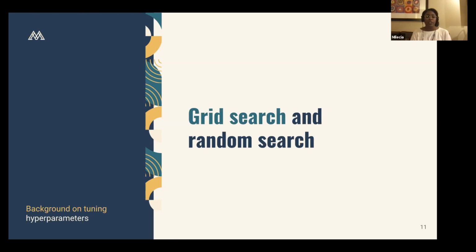So grid search is a very exhaustive search. Let's say, for example, you have 3 hyperparameters. You have a learning rate, a momentum, and, I don't know, let's go with a max depth.